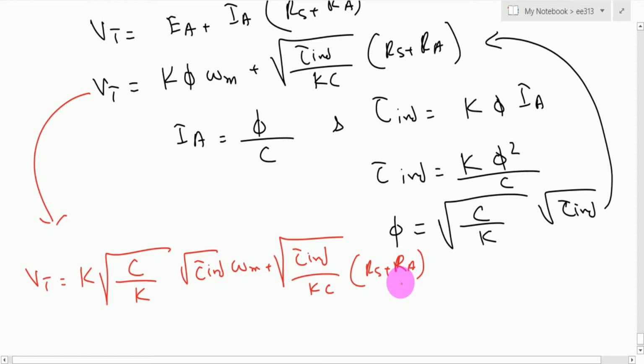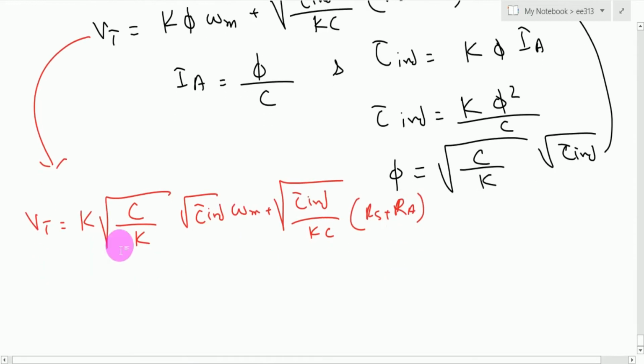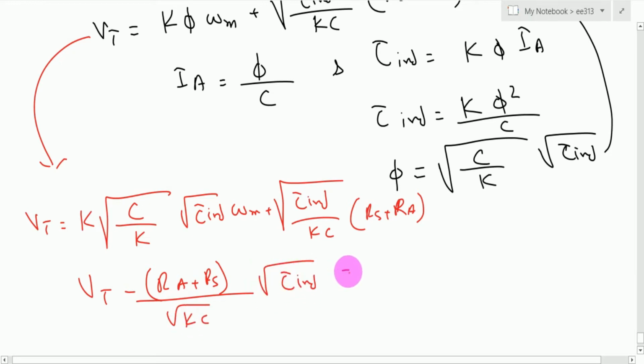Now if I rearrange this equation, Vt minus Ra plus Rs over Kc into torque induced becomes equal to root of Kc into torque induced omega m.